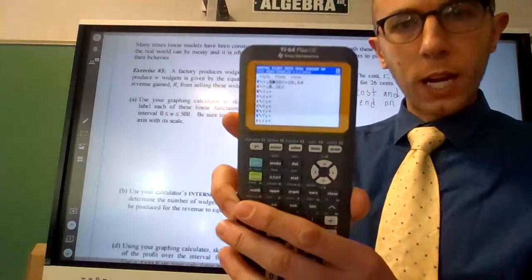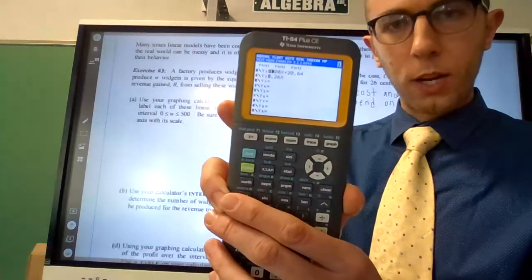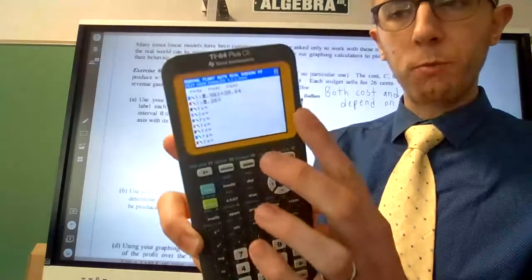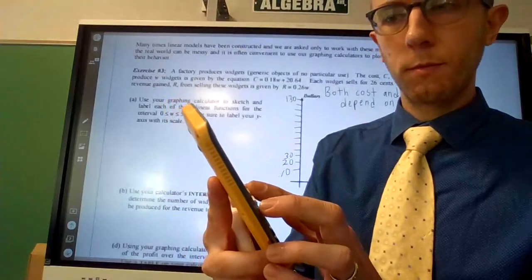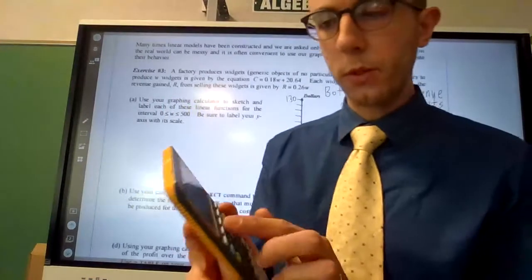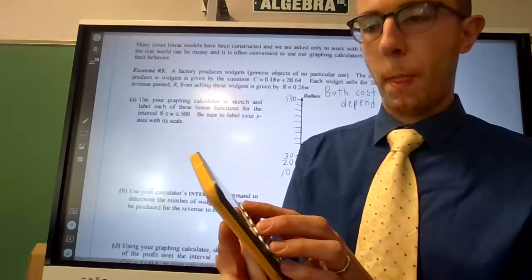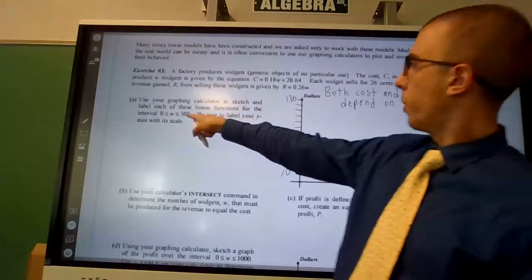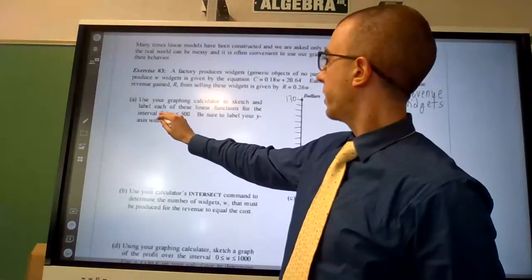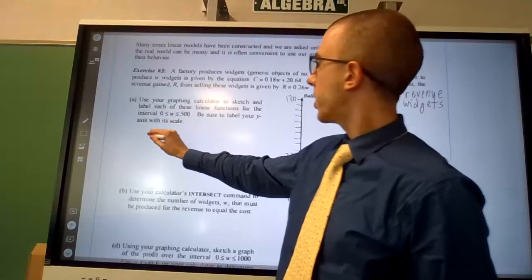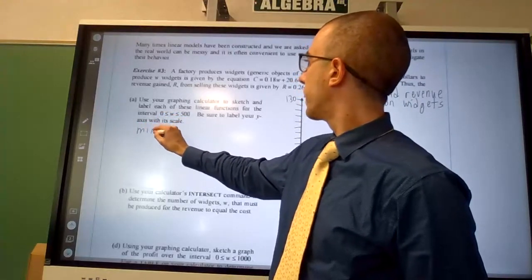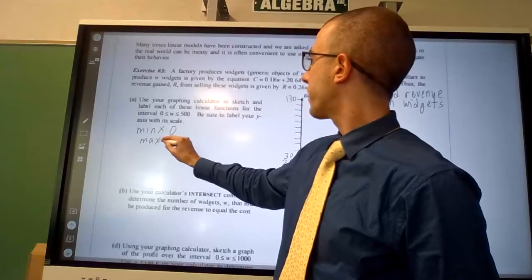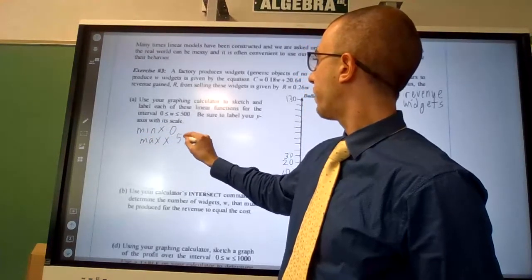So now based on our Y equals page, I know that my cost function will be blue and my revenue function will be red. Oh, but I almost skipped a step. Oh, right. So we know from this interval here, 0 to 500, that our minimum X is 0 and our max X is 500.